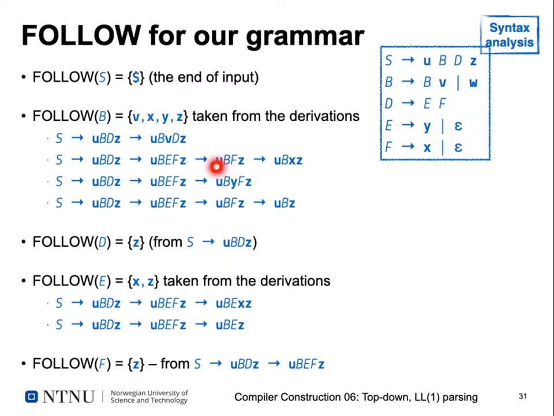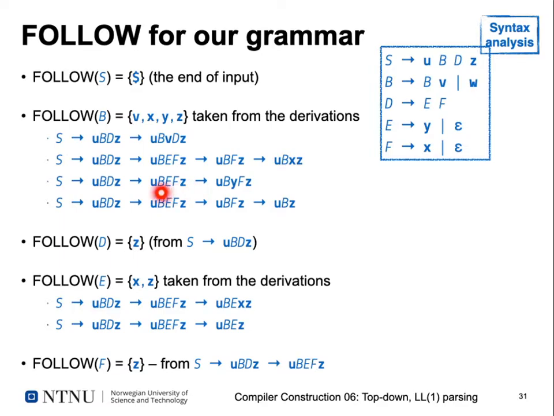So we have U, B, F, Z. And then we can resolve our F to an X. So we can finally have U, B, and the resolve D would give us an X, and then our Z at the end. So X is another terminal symbol that can show up after B in such a production here. And we'll continue with the other ones here.